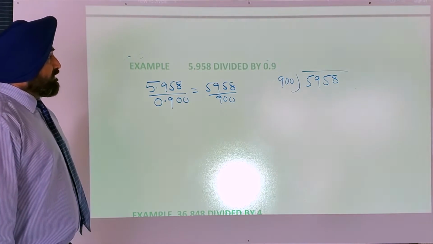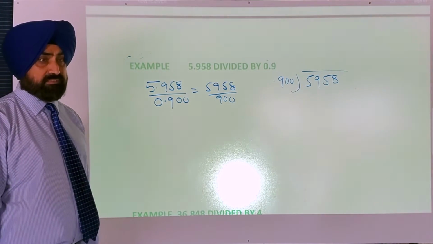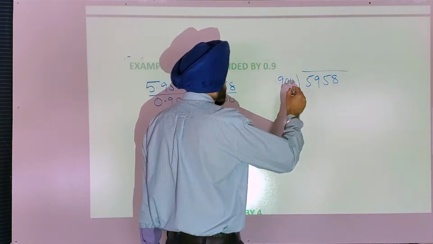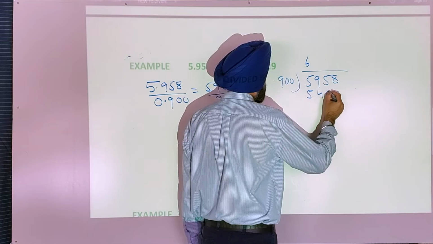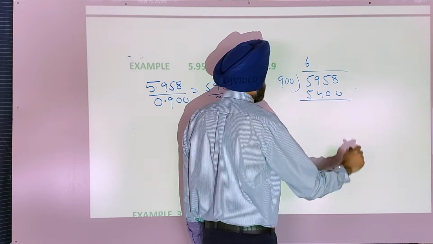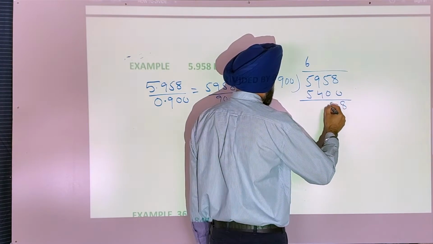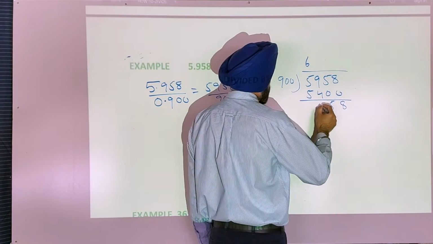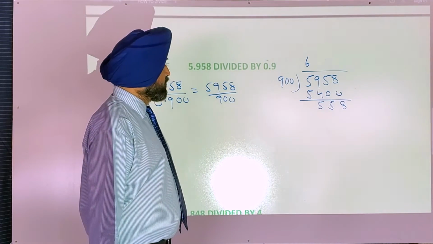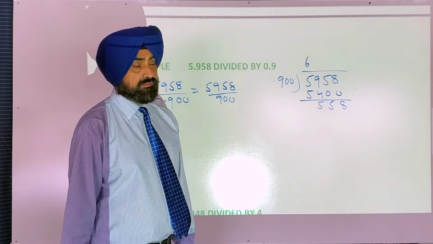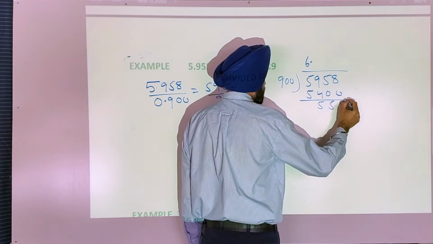9 times 6 is 54, 9 times 7 is 63. So 9 times 6 is 5400. Subtract: 5, 9 take away 4 is 5. There's no number left here, so what do you do? Put a decimal here and put 0 here.